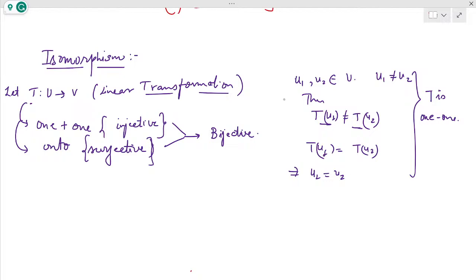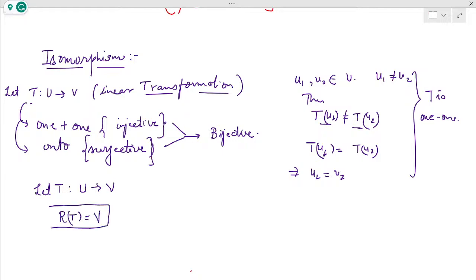And how do you identify that your mapping is onto? Let T be a linear transformation from U to V, then the range of T must be equal to V. And what was the range of T?